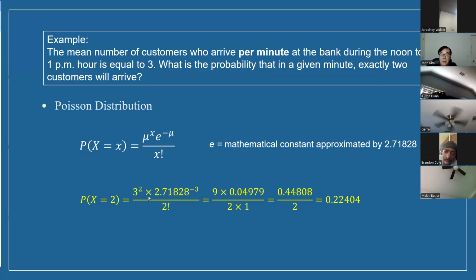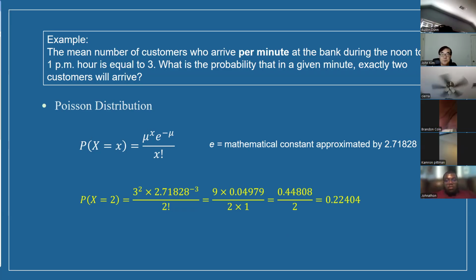So P(X = 2) equals 3 squared times 2.71828 to the power minus 3, divided by 2 factorial. By calculation, it is 0.22404. So exactly 2 customers.